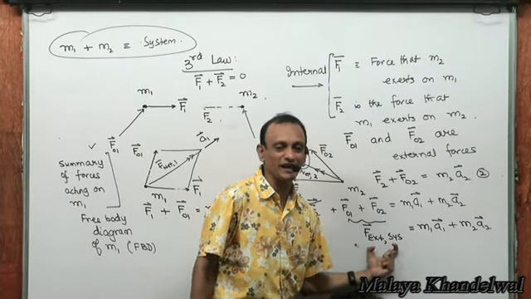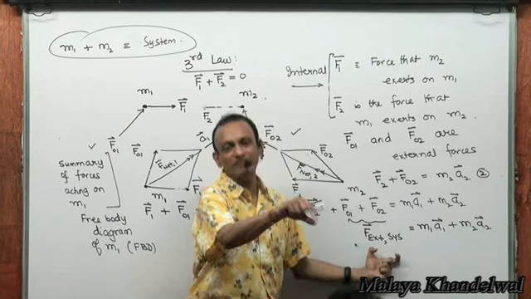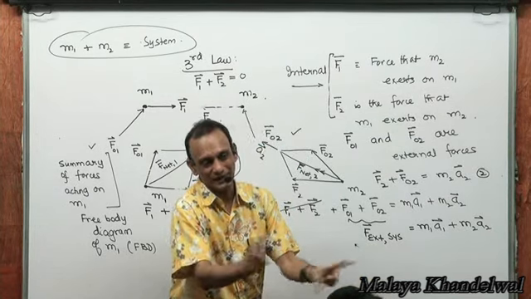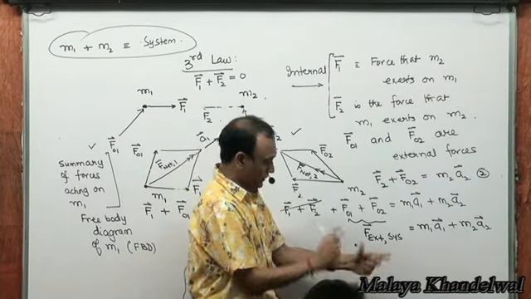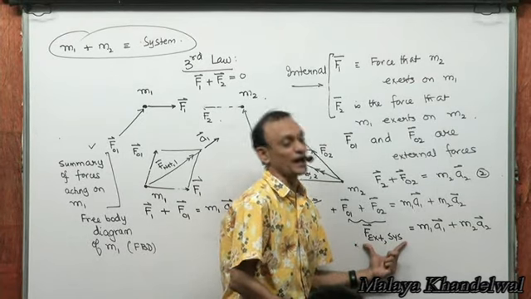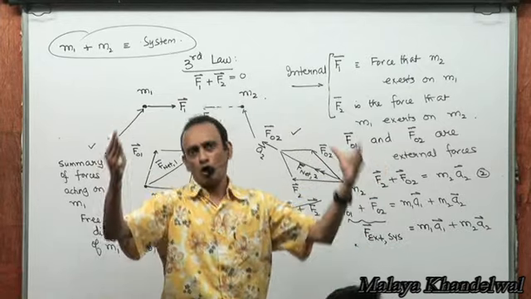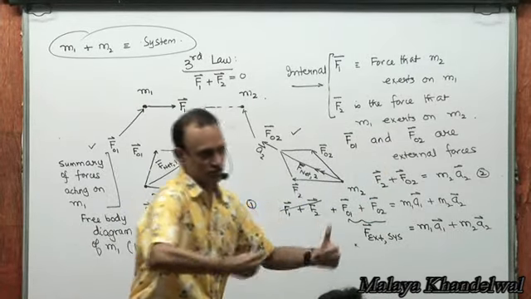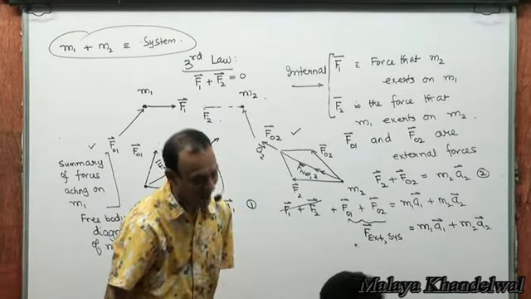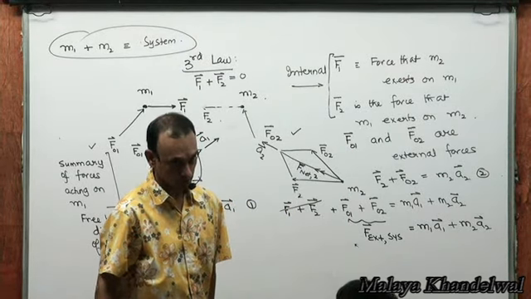It does not contain, it hides from you one fact: what they are doing to each other. What they are doing to each other is not expressed and represented in this general statement of equation of motion for the system of particles comprising M1 and M2.